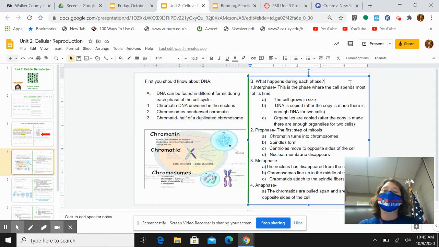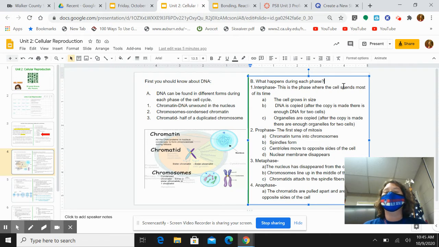Right side, letter B, what happens during each phase? This is very, very important. You need to recognize this both in words and in pictures, and we'll take a look at the pictures in a little bit. Interphase. Highlight the cell spends most of its time.